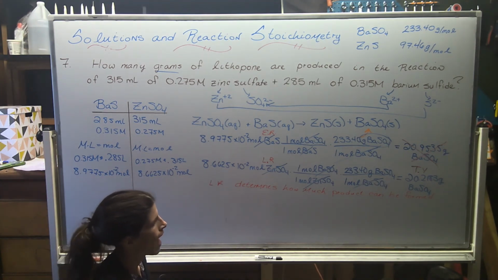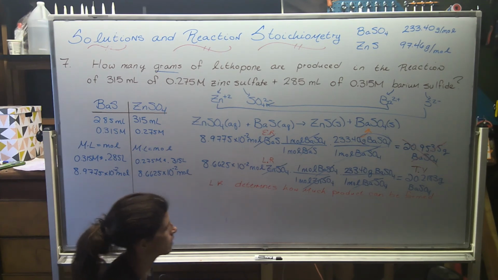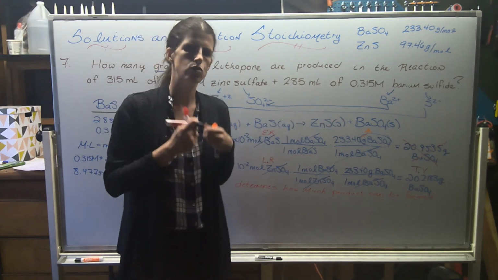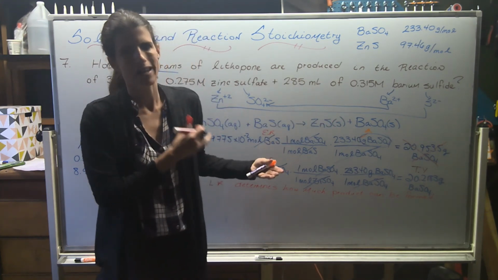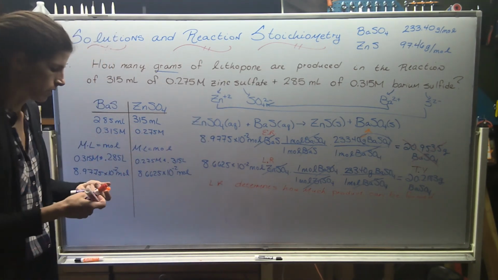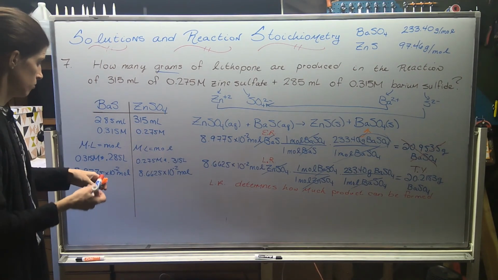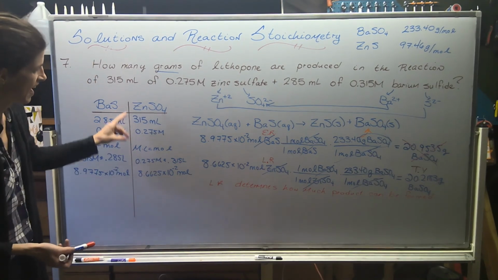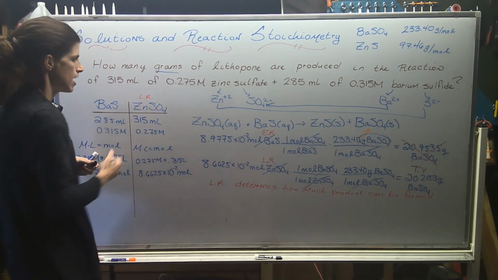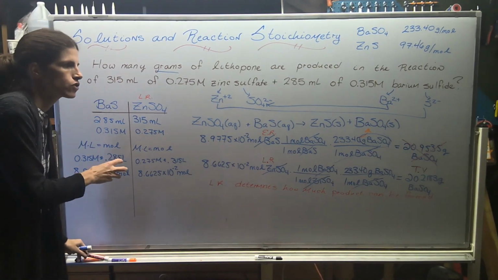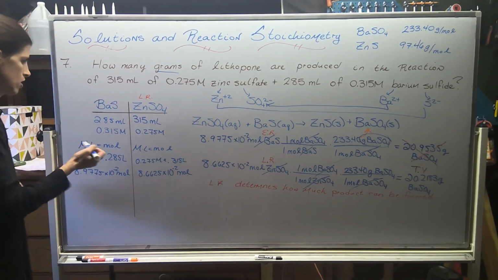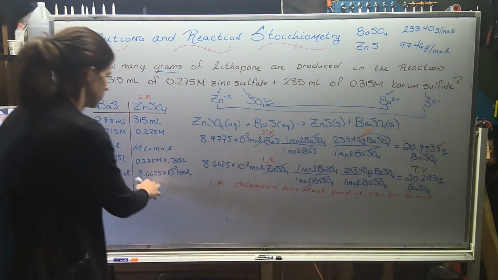But you don't have to do all that. Since we already identified the limiting reactant, it's the limiting reactant for both products. And that's why when you do these problems, it doesn't matter which product you focus on because the limiting reactant is the limiting reactant. So long story short, I'm going to take my moles of this limiting reactant and use the moles of zinc sulfate to calculate the grams of zinc sulfide that I can make. So let me set up that problem.